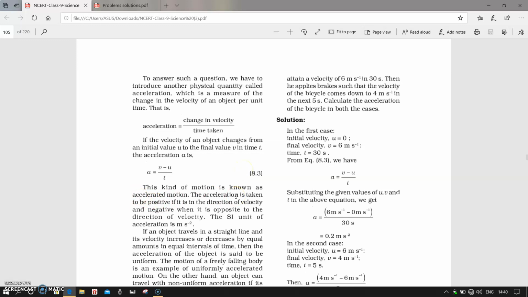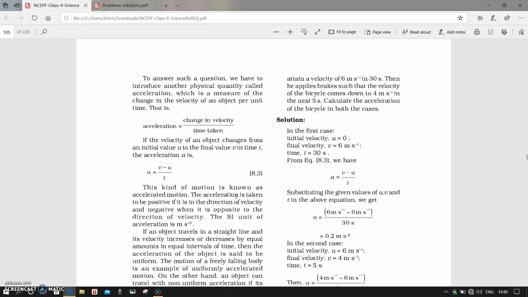So this kind of motion is accelerated motion. You know about accelerated and decelerated motion, right? Accelerated means going from slower to faster. An object is moving at 1 meter per second in the beginning, and after some time it becomes 10 meter per second. That means it is increasing by some amount every second, right?